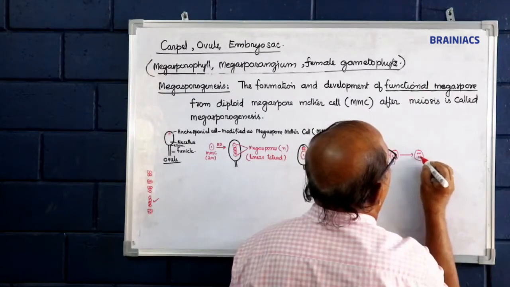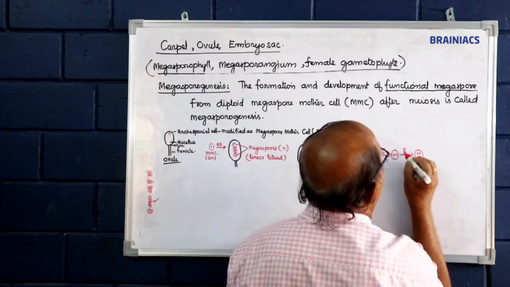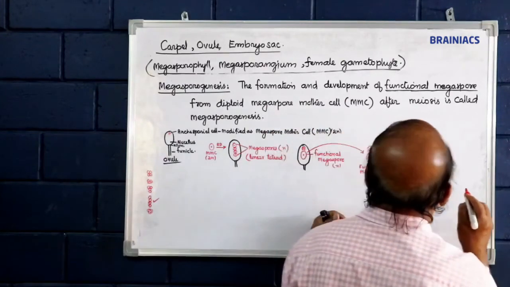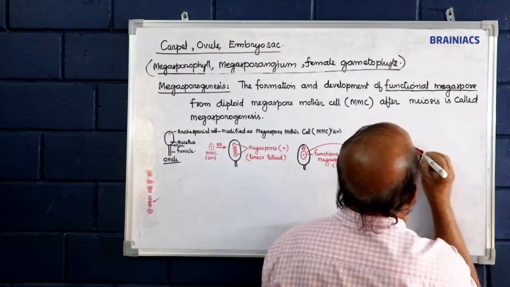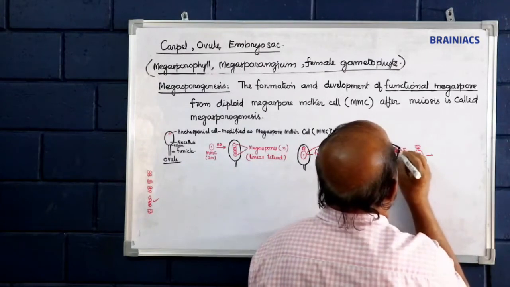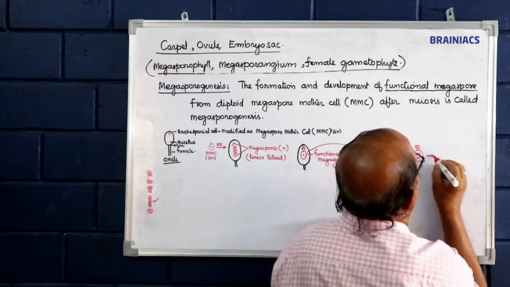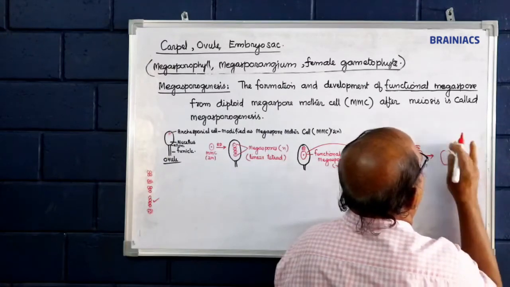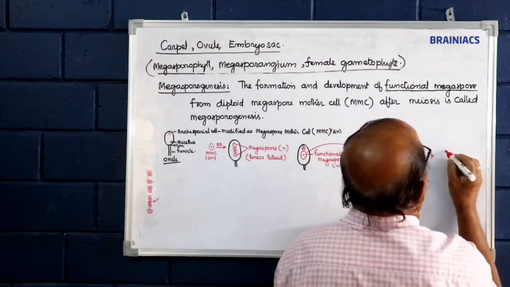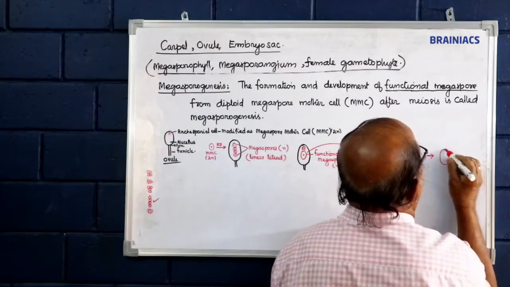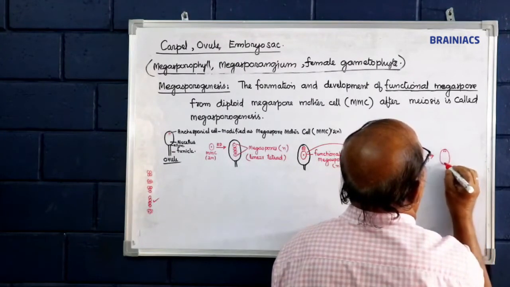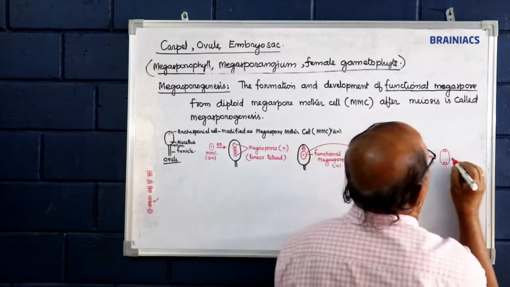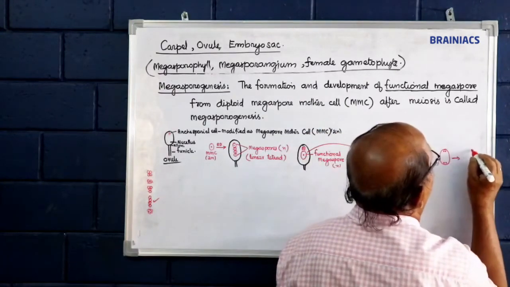One, two, three, 4. Second division. And they move towards the periphery, to opposite poles.